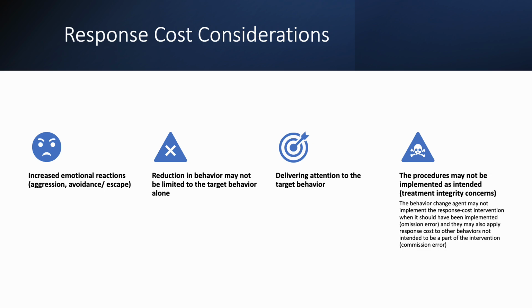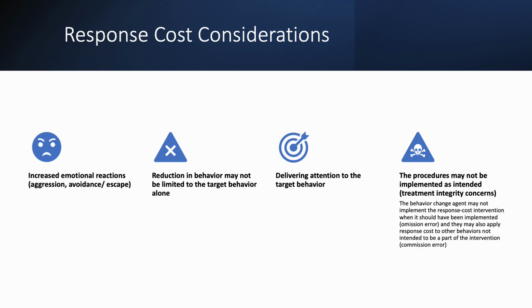And then finally, I think this last consideration is a pretty big one. And it brings up the concern of treatment integrity, which is that our interventions might not always be implemented as we intended for them to be implemented. The therapists, or whoever the behavior change agent is, sometimes drift from implementing an intervention in the way that it was designed.